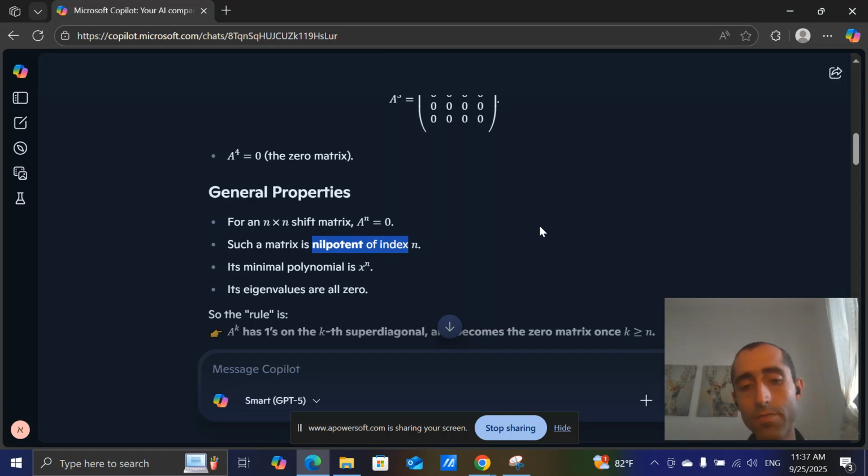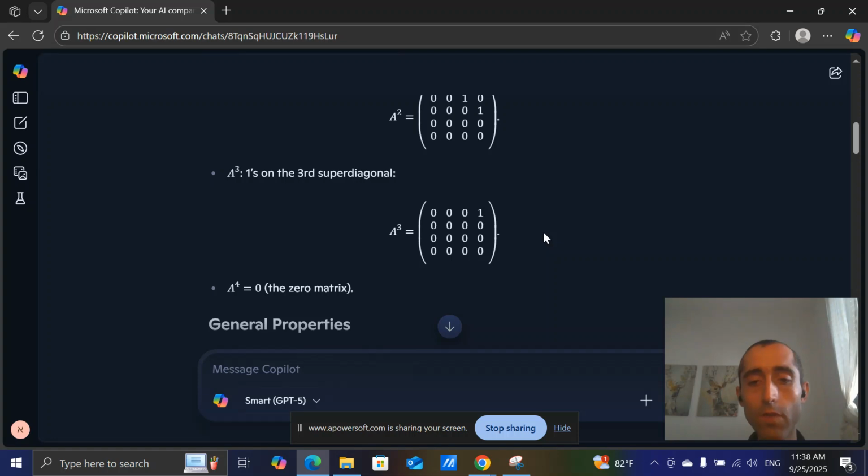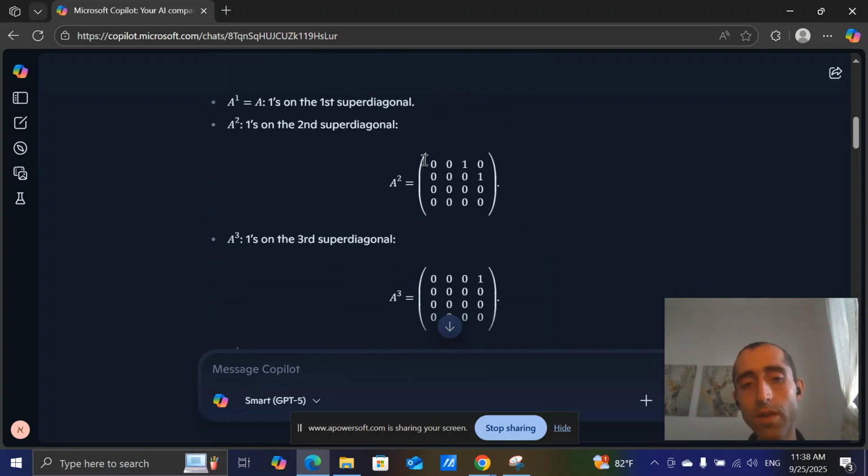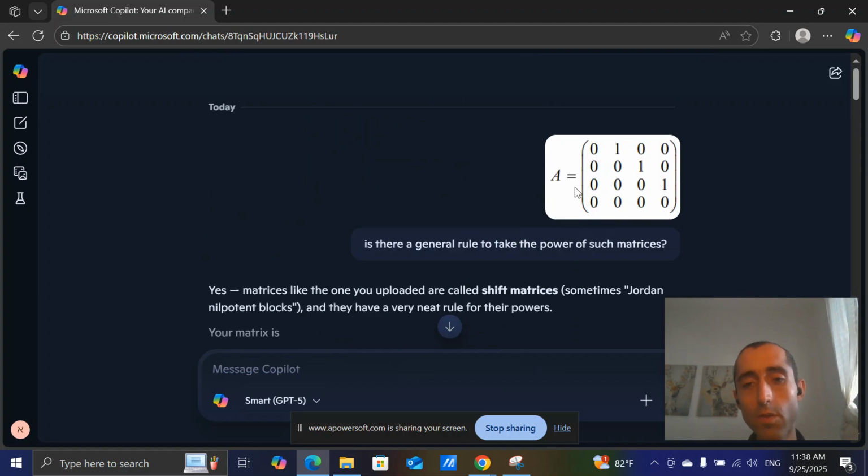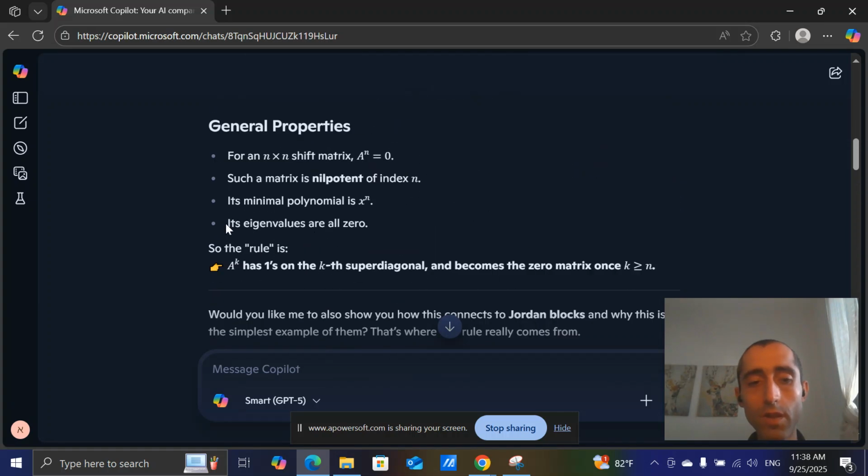Just take the matrix to the power of its order, and therefore it's also the minimal monic polynomial that annihilates this matrix. So you can conclude that x to the power of n is the minimal polynomial of this shift matrix. And for a triangular matrix, if you remember, the eigenvalues are on the diagonal. So if you look at this matrix, the eigenvalues are just 0. So generally, we can say that the eigenvalues of a shift matrix are all zeros.